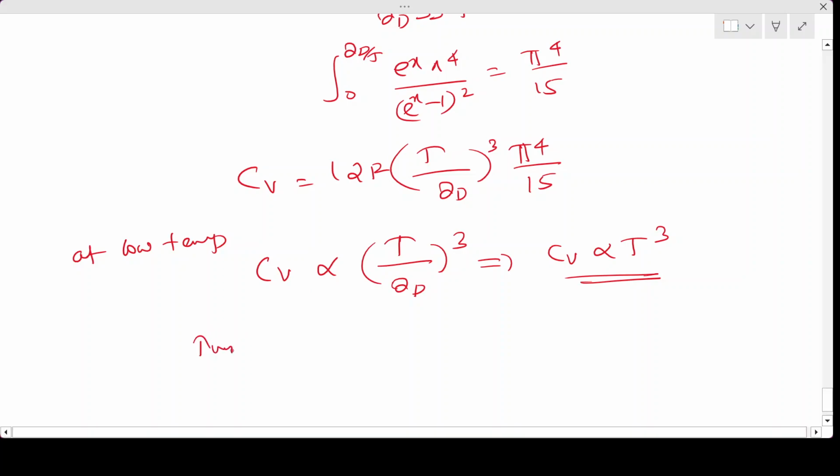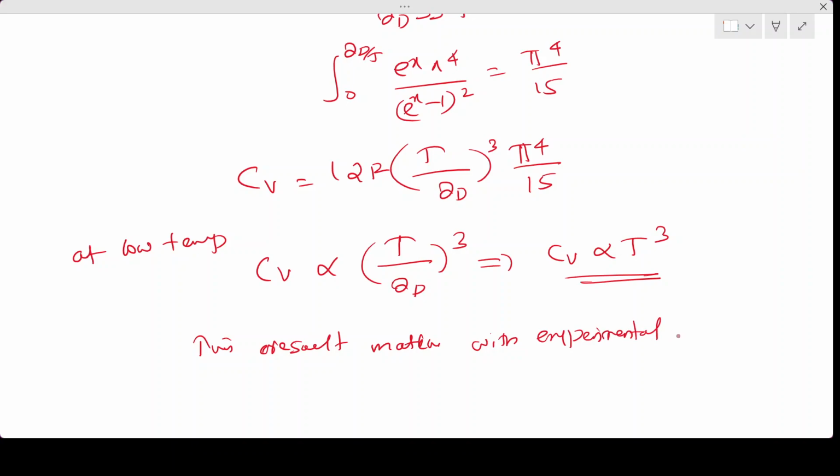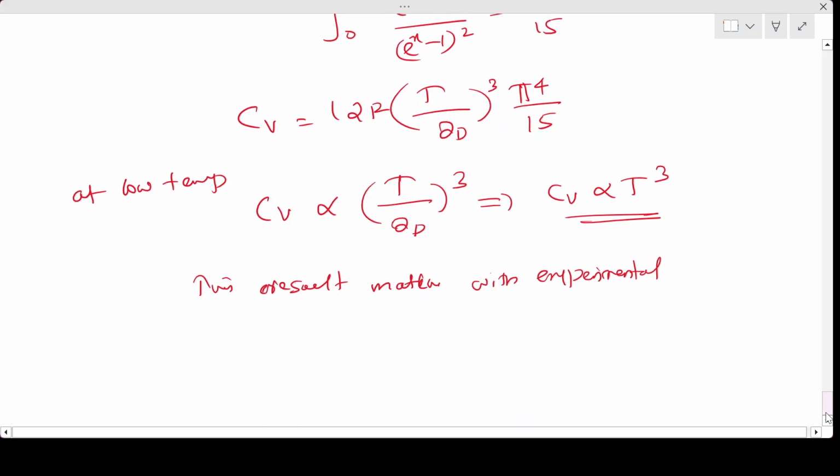So this result matches with the experimental evidence, the experimental result. So we can say that Debye theory is the best theory compared to the others to explain the temperature dependence of the specific heat capacity.